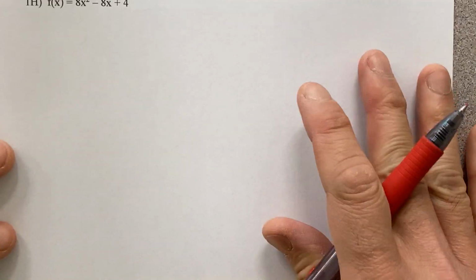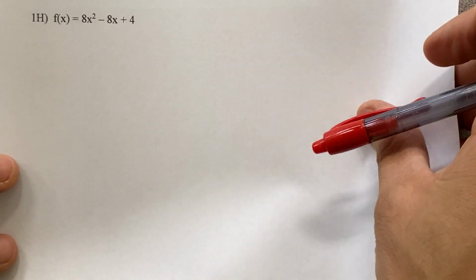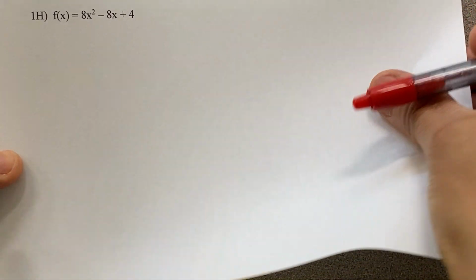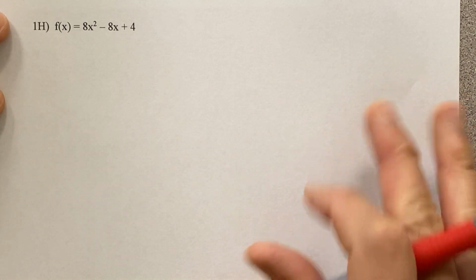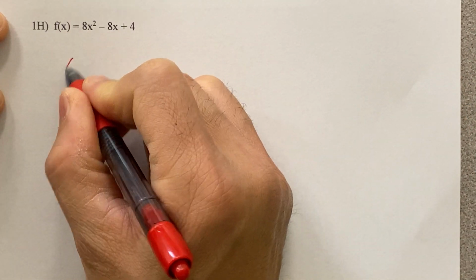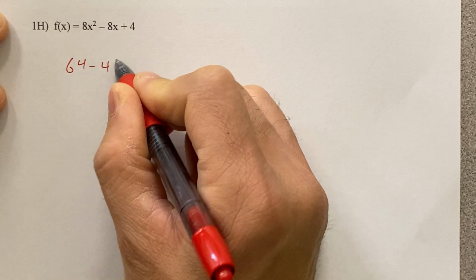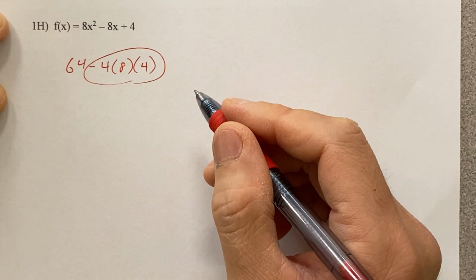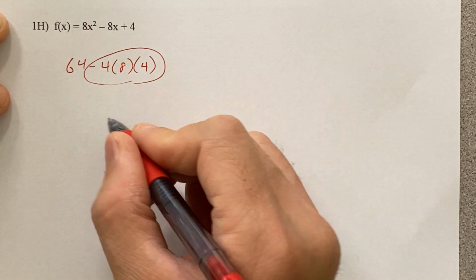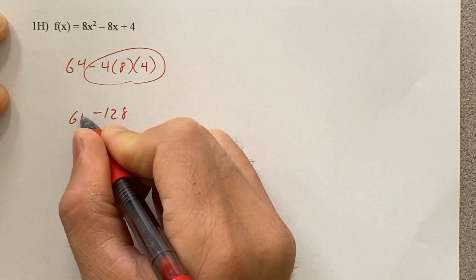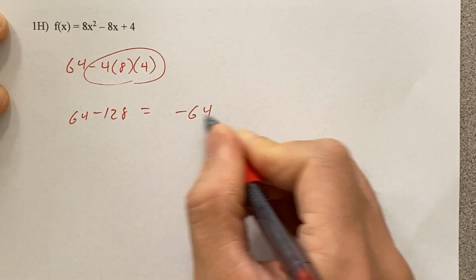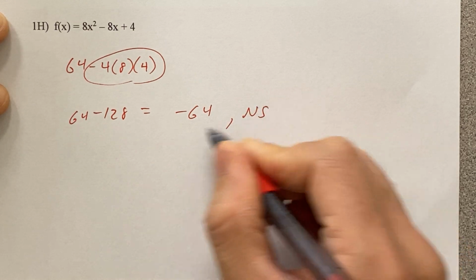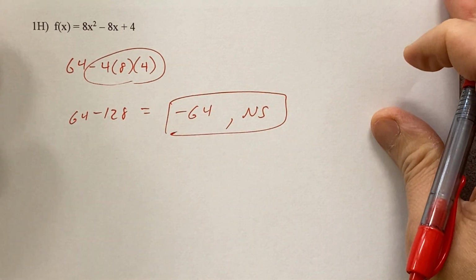Take a look at 1h. And I know this is going by pretty fast, but it is just checking your work. So b squared is going to be a positive 64 minus 4 times a times c. I would always do that tail end multiplication first, so that's negative 128. So that gives me negative 64. Once again, that's negative, which means I have 0 solutions.